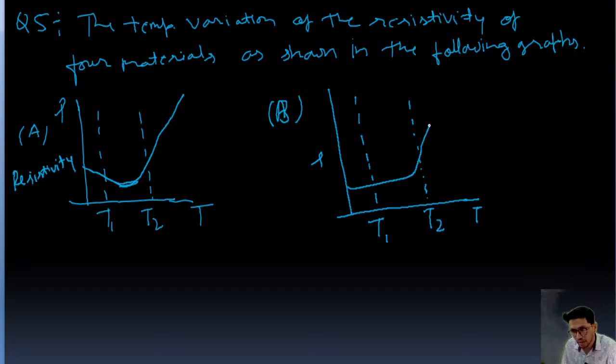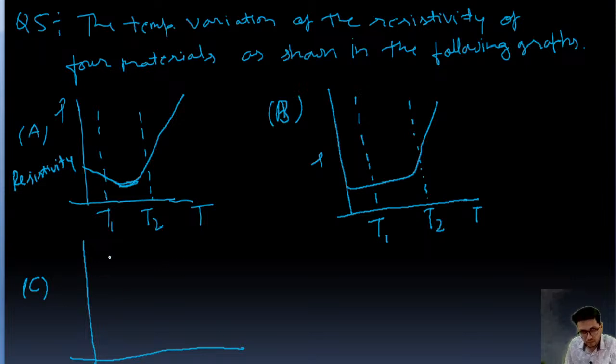Option C. T1, T2, this is temperature and this is resistivity, and the graph is like this.